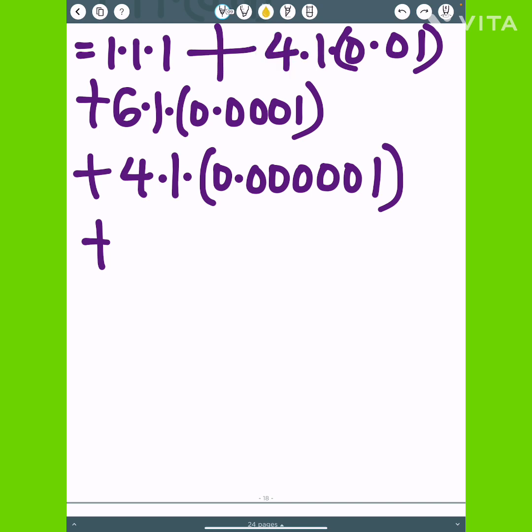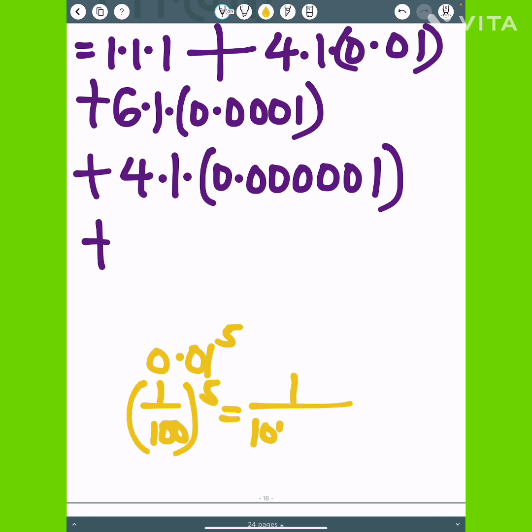0.01 raised to the power 5 is like 1 over 100 raised to the power what? 5. So that's 1 over 100 to the power 5, since 1 raised to the power 5 is 1. On the denominator side, 100 raised to the power 5 is 100 times 100 times 100 times 100 times 100.